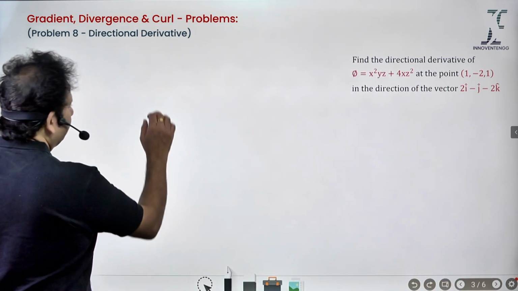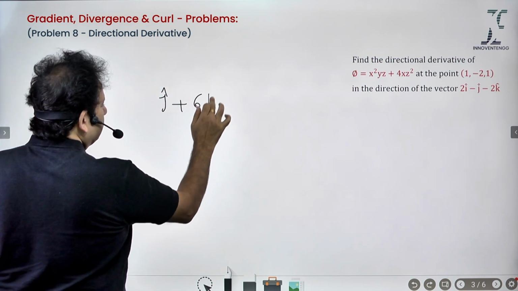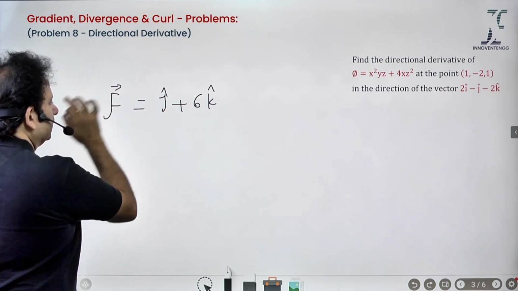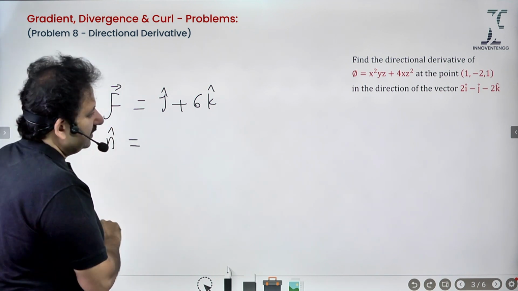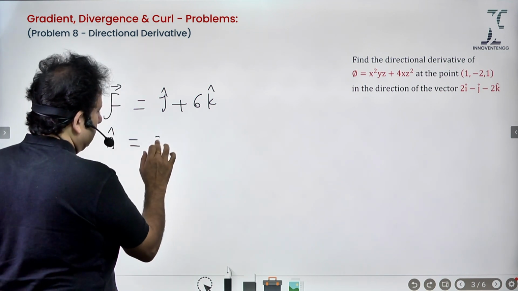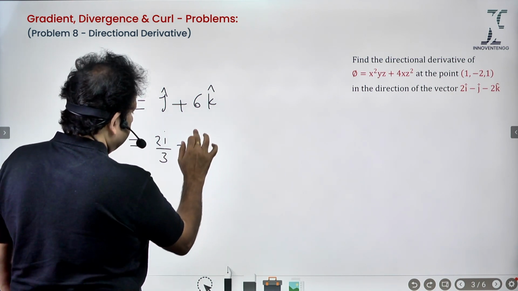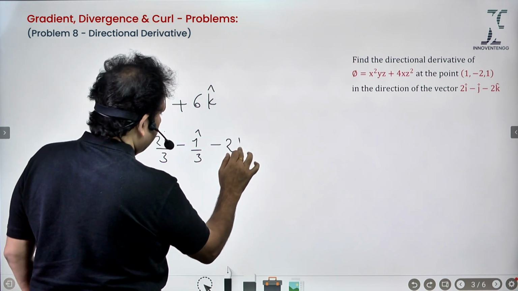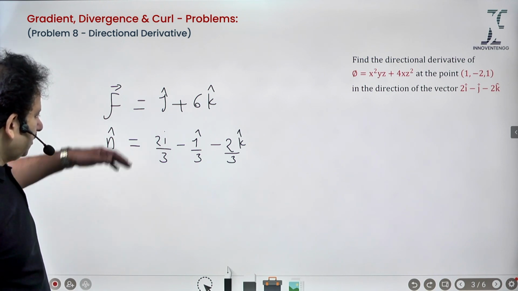So what is my gradient vector? It is j plus 6k, right? So let me designate it as f. And what about my unit vector along that vector? It is 2i/3 minus j/3 and then minus 2k/3, right?